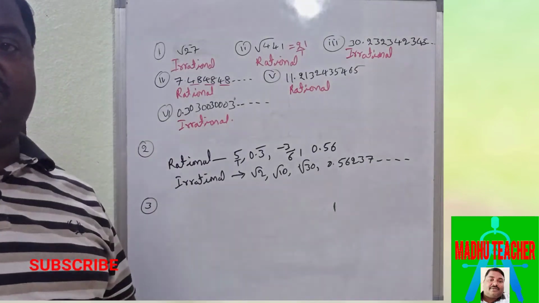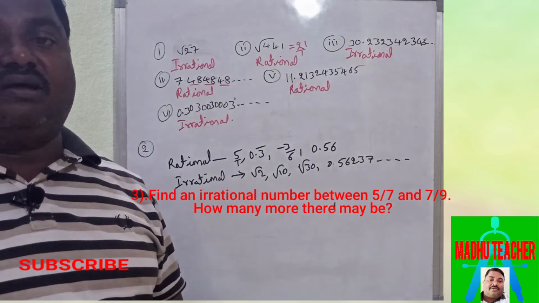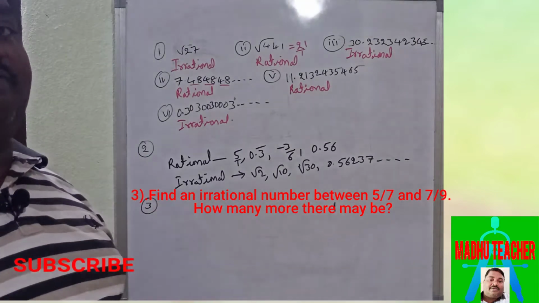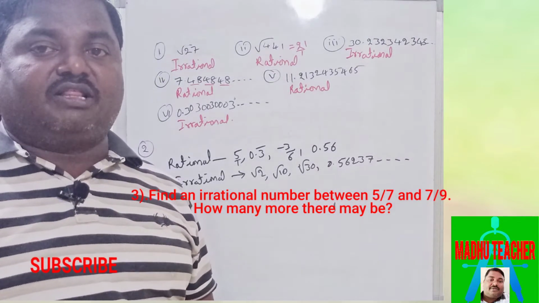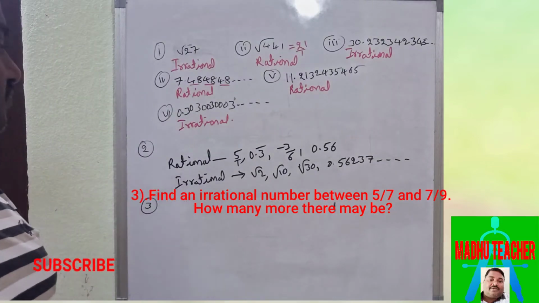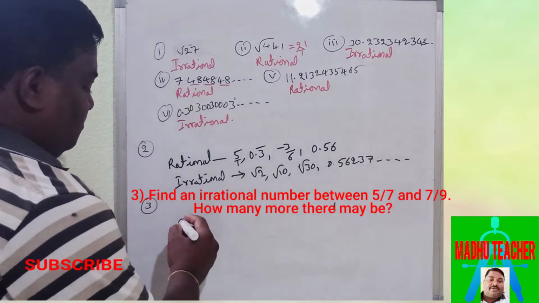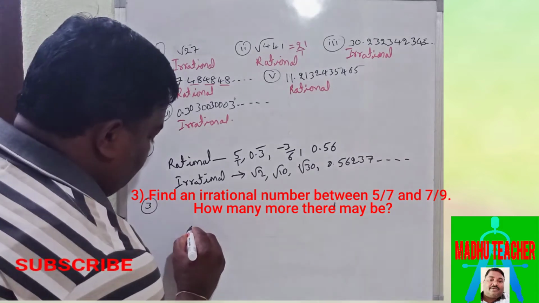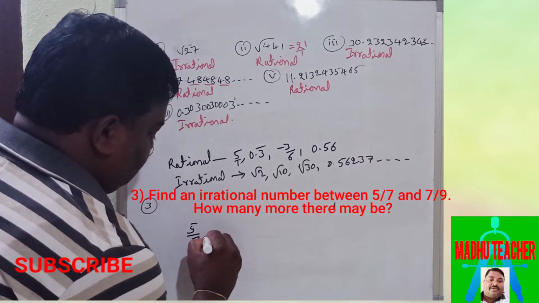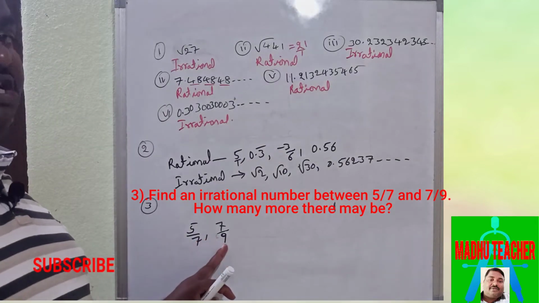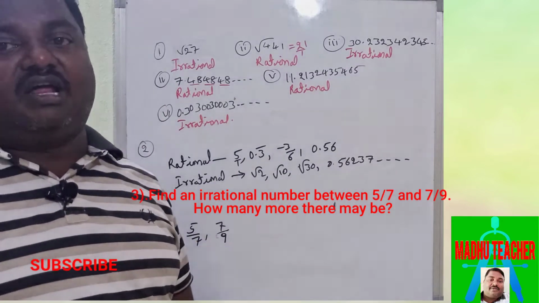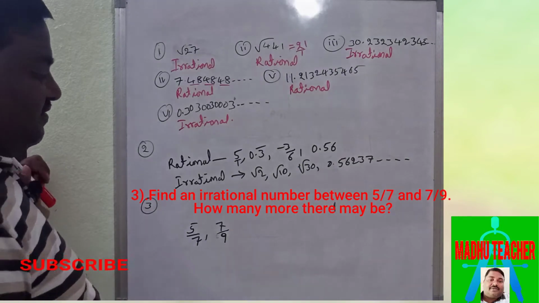So next question is find an irrational number between 5 by 7 and 7 by 9. How many more are there? In between these two rational numbers, we have to find an irrational number. What is our definition?